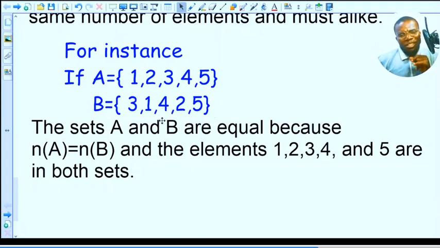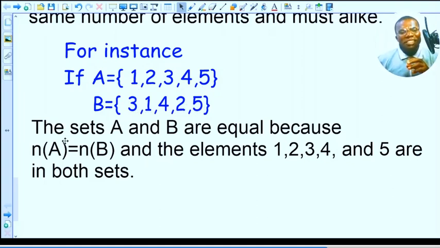Can you note that the elements are alike, but the difference is just the arrangement? Here they are arranged in ascending order, while this is a random arrangement. But the elements are alike, and the number of elements in set B is also 5.